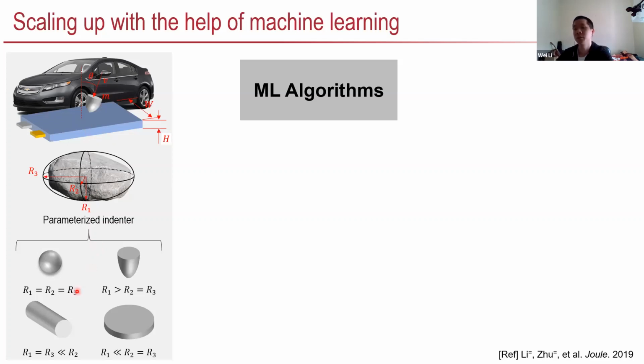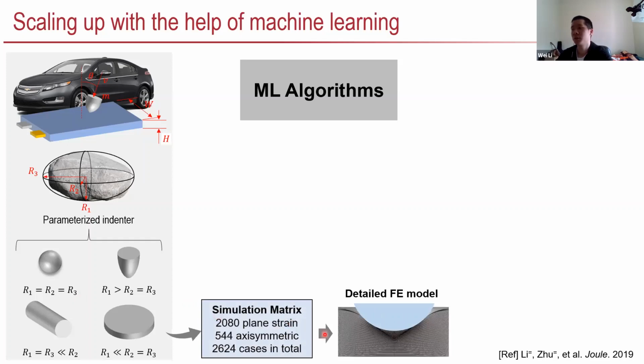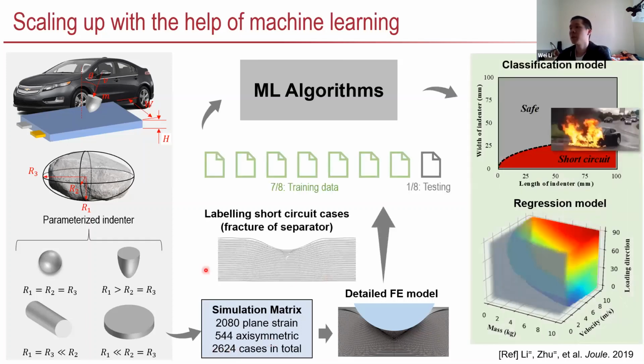After we parameterize this problem, we can generate data from our detailed model. Basically, we run around 2,600 cases, and then we prepare the simulation results. This will give us some data for the training.